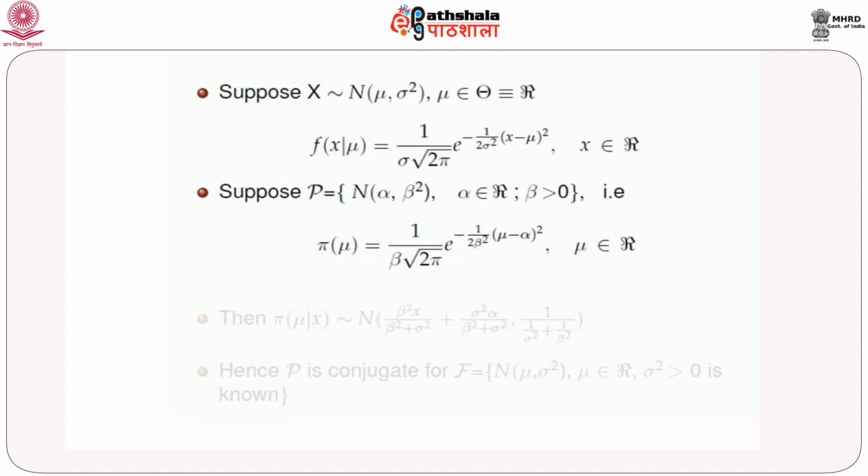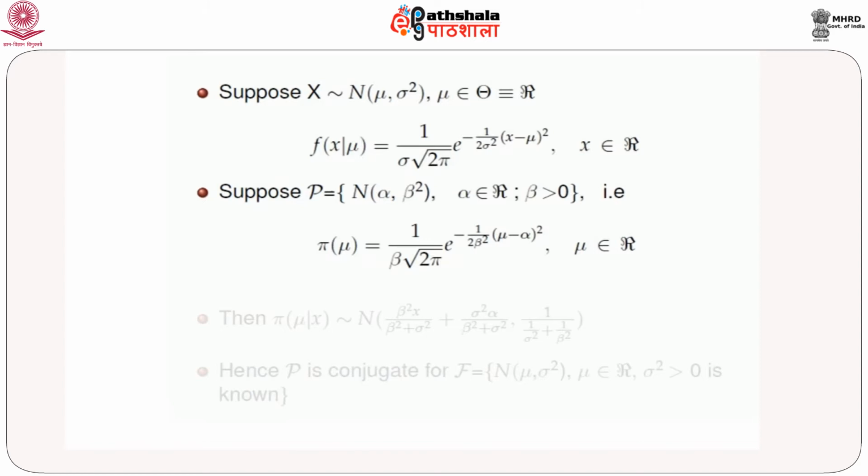Now, we assume that our class of prior distributions for mu, the parameter of interest, be a normal distribution with mean alpha and variance beta square, where alpha is any real number and beta is any positive real number. Here alpha and beta are the hyperparameters.